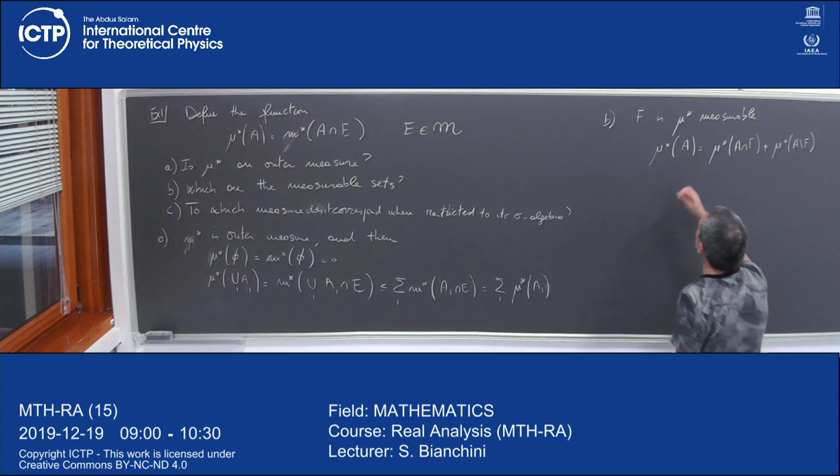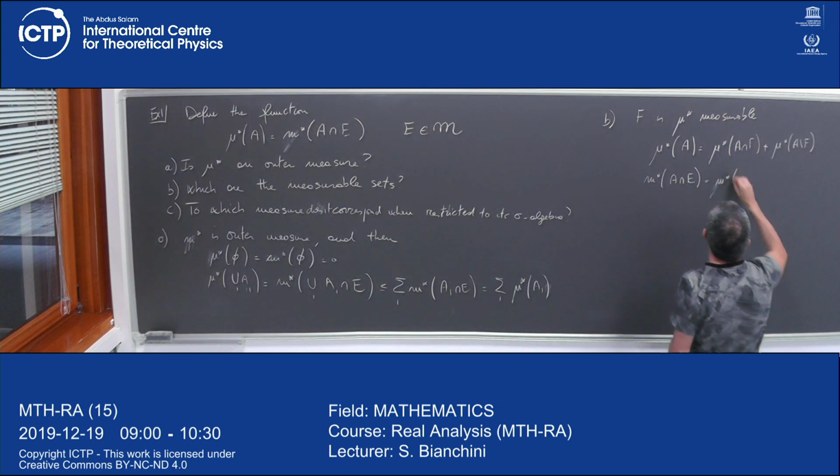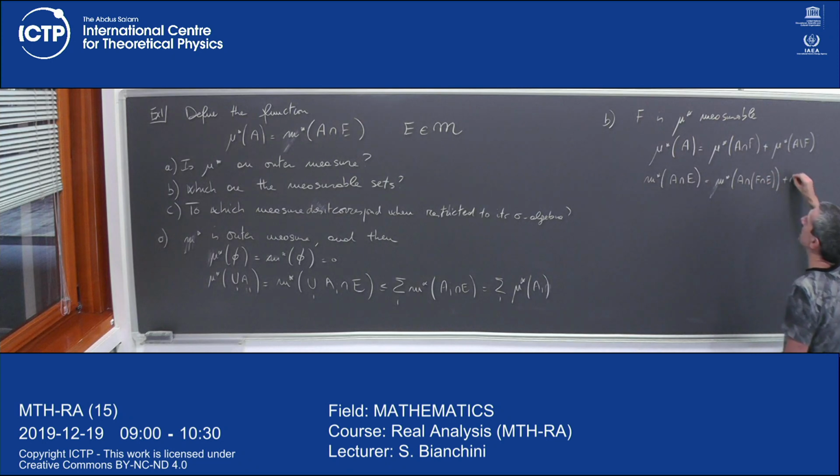By definition, this is M star of A intersection E equal to M star of A intersection F intersection E plus M star of A minus F, so it's A intersection E minus F. Let me think.